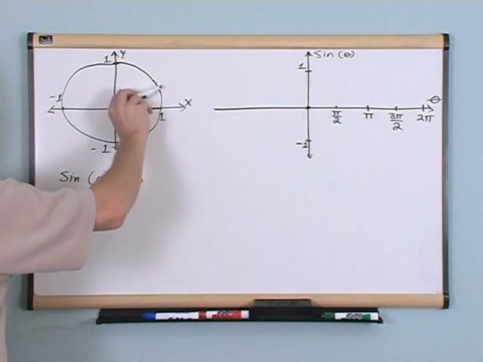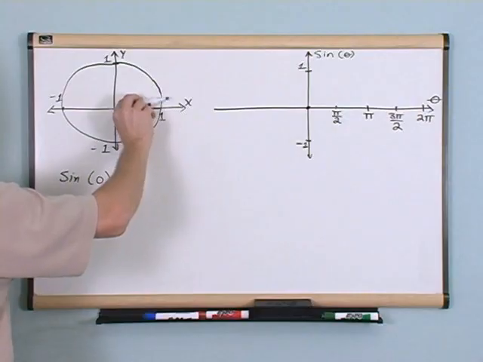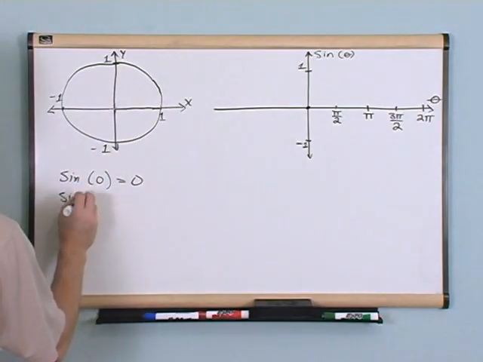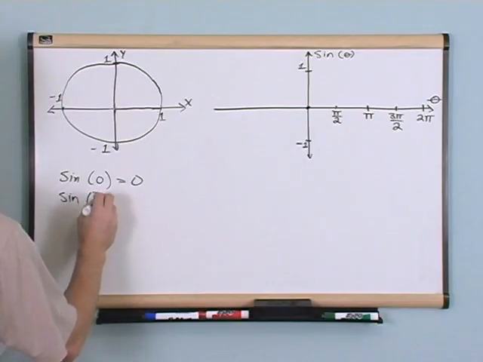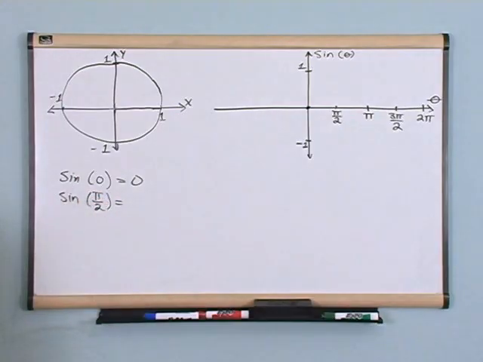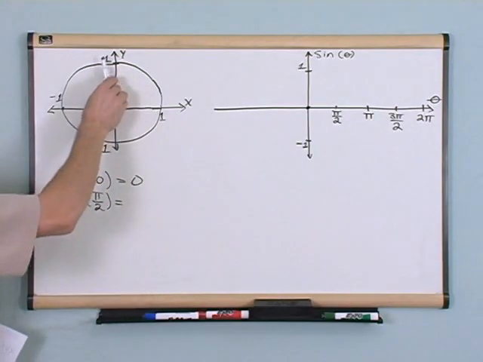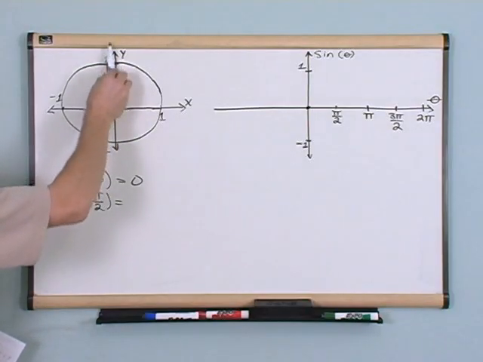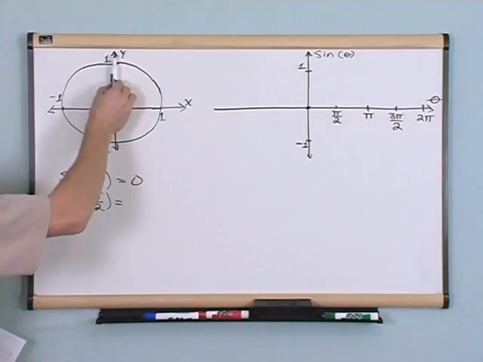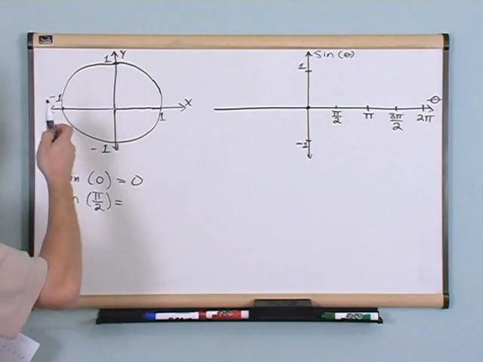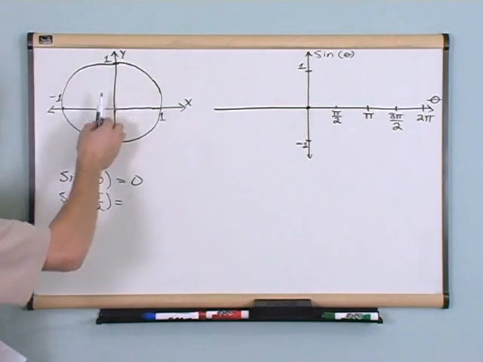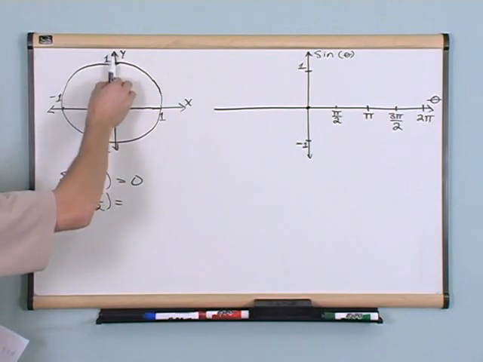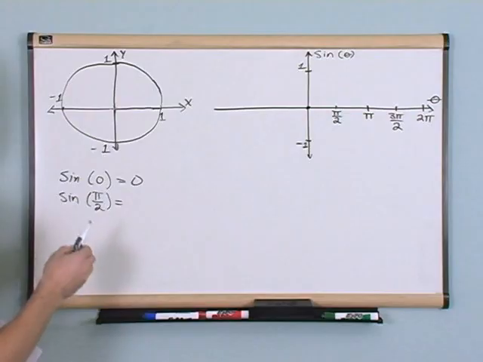As I sweep my hand up here to pi over 2, I'm looking for the sine of pi over 2 radians. I'm trying to figure out what that is equal to. Now again, my line lies exclusively along the y-axis, and remember sine is the measurement, the projection along the y-axis, and that is fully lying along the y-axis, so that's equal to 1.